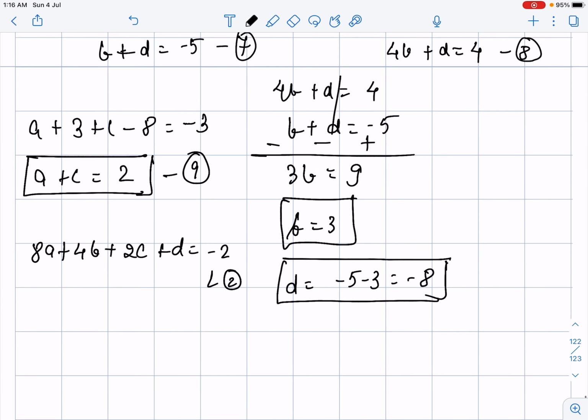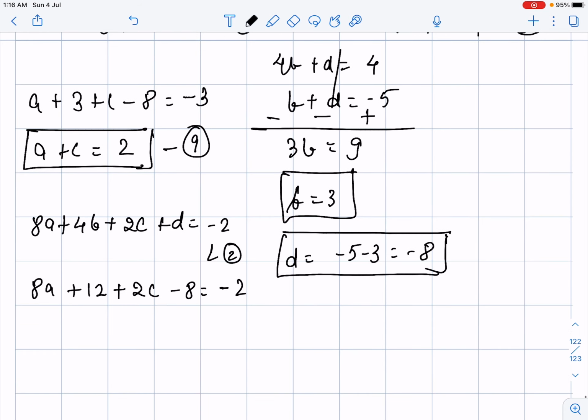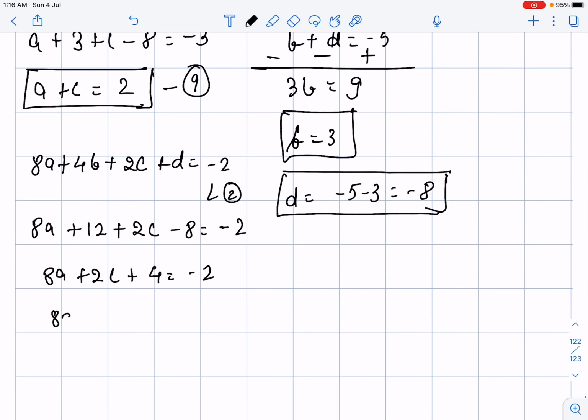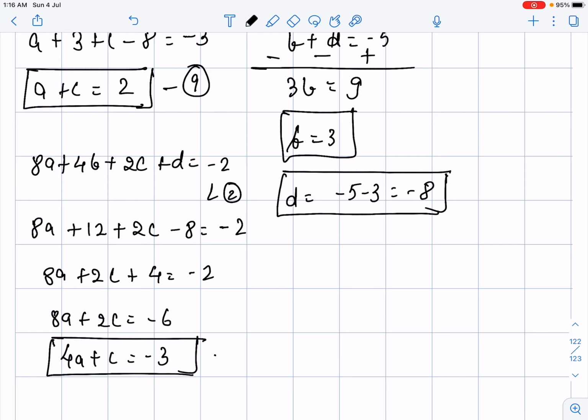We keep b is equal to 3 and d is equal to minus 8. So 8a plus 12 plus 2c minus 8 is equal to minus 2. That means 8a plus 2c plus 4 is equal to minus 2, so 8a plus 2c is equal to minus 6. That means 4a plus c is equal to minus 3. Let it be equation number 10 over here.